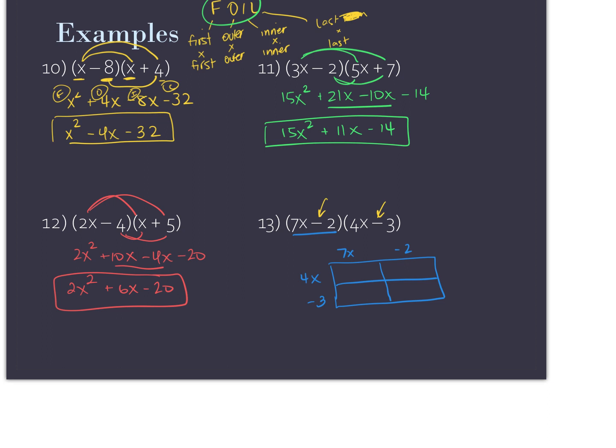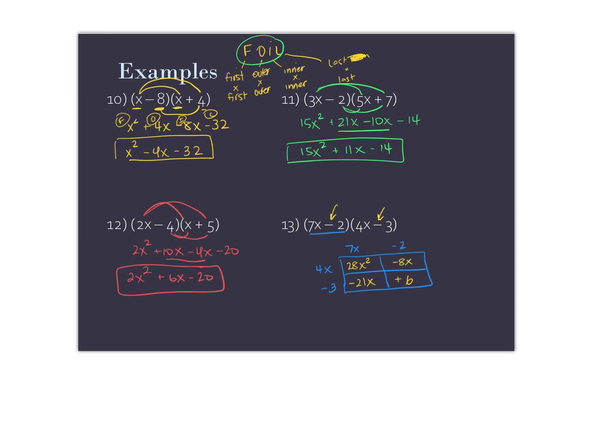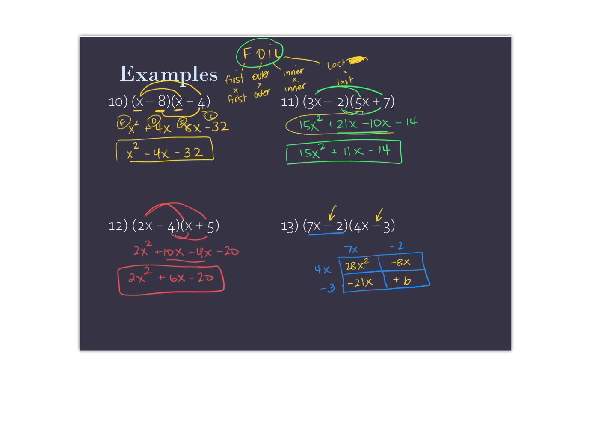So 4x times 7x is 28x squared. And then I'll do 7x and negative 3 is minus 21x. And then I do 4x and negative 2 is minus 8x. And minus 3 times minus 2 is a plus 6. So all my products, just like they are here all in a linear fashion, here they're in this box.